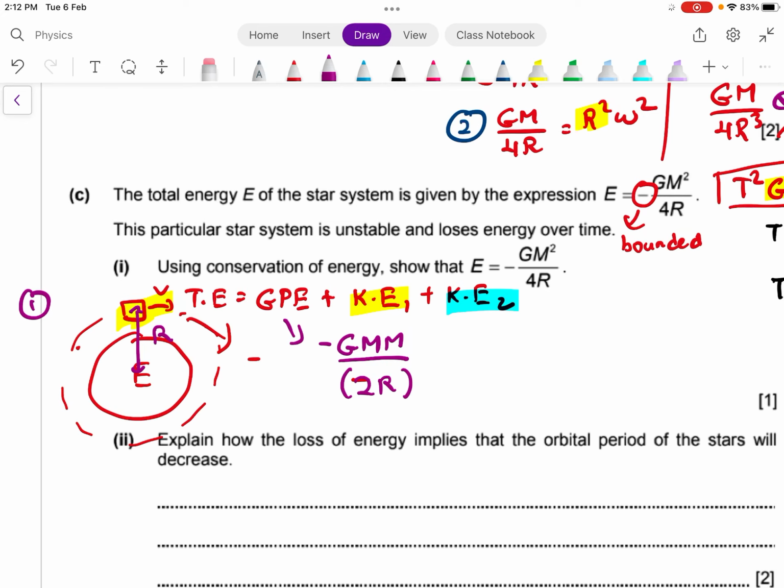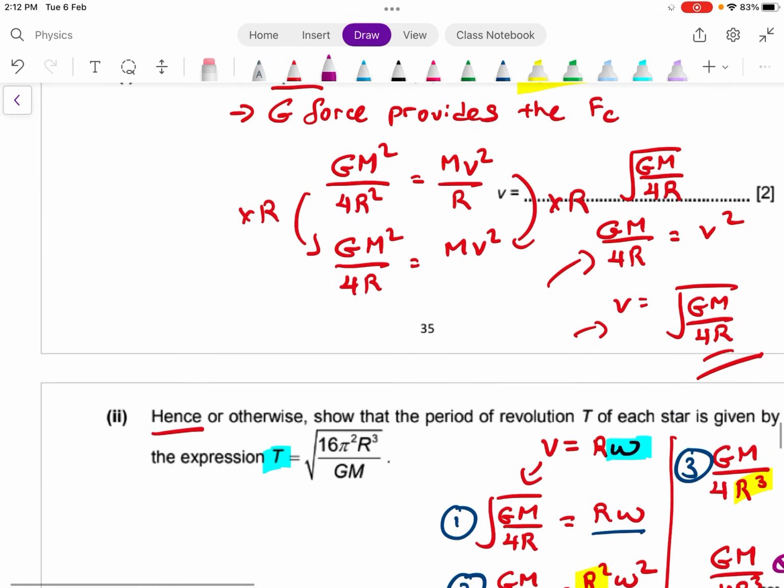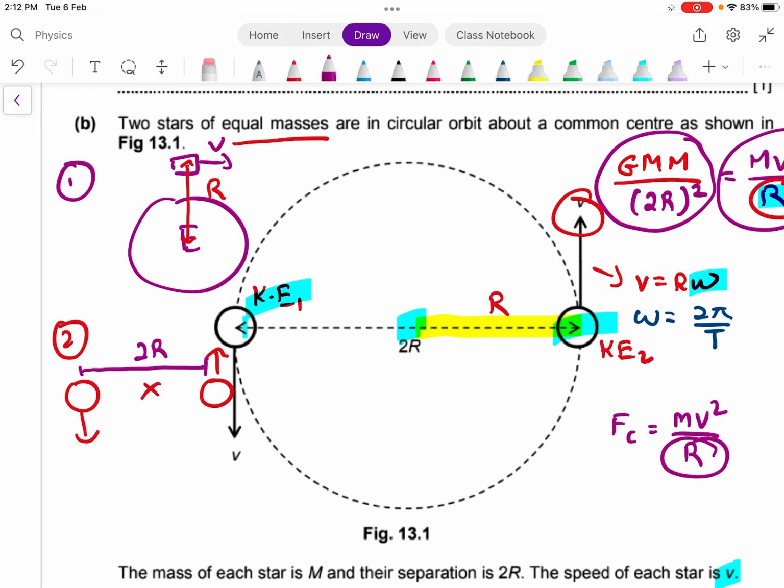So that's why I put negative GMm over R. But for a binary system, it's different. The distance between these two binary stars is 2R, which means that I must put GMm over 2R. Always remember, this denominator is always the distance between one thing to the next thing.